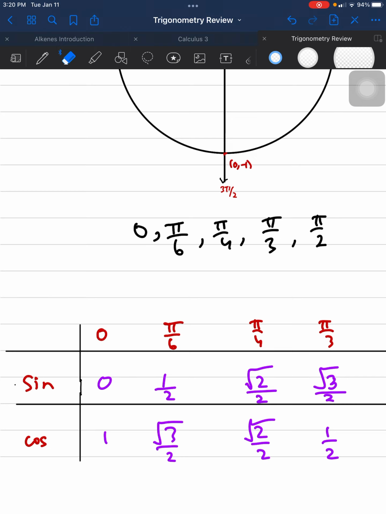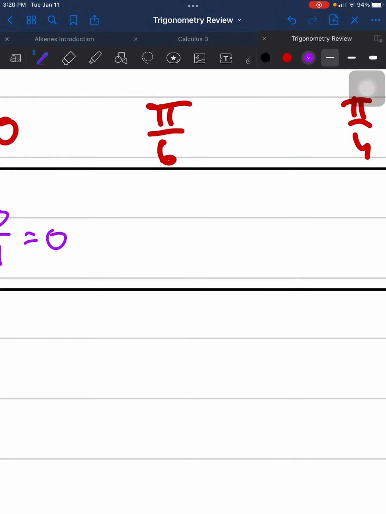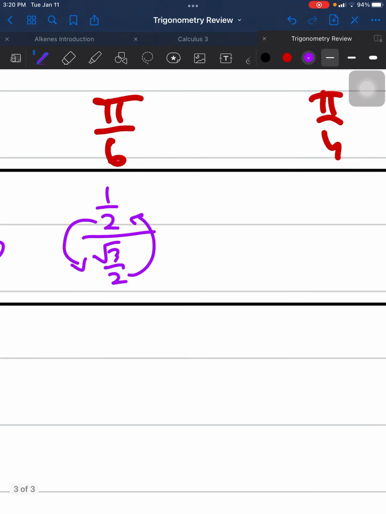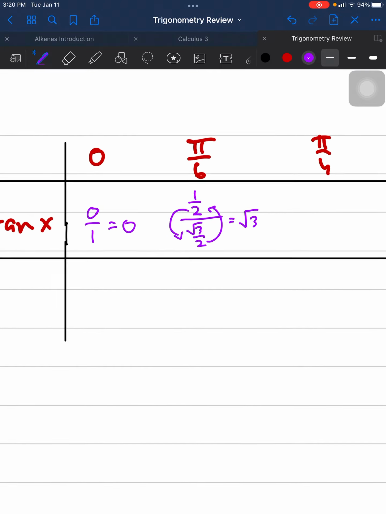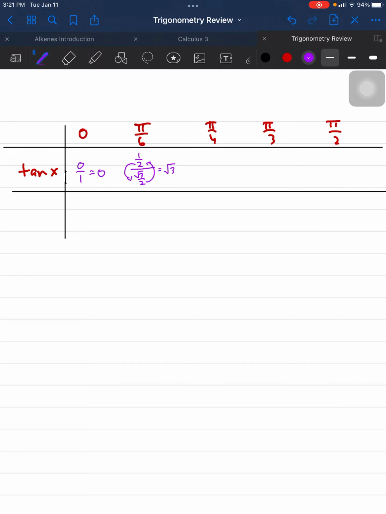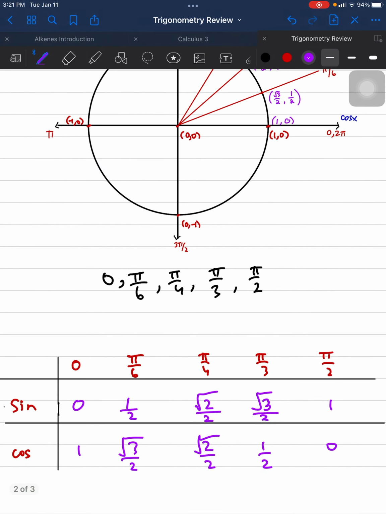So when we do this, it's going to be 1/2 over radical 3 over 2. This radical 3 over 2 flips up, 2 comes down to the denominator, and we get a value of radical 3. So tangent of pi over 6 is basically equal to radical 3. Now we look at the angle of pi over 4.